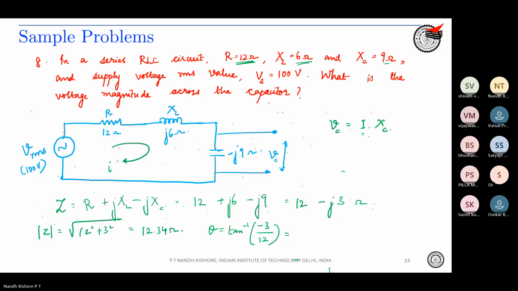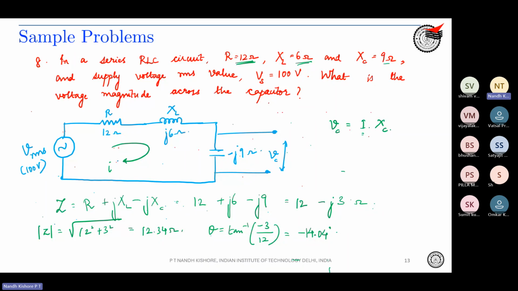Tan inverse imaginary part by real part, which gives you minus 14.04 degree. Okay. So this 12 minus j3, right?